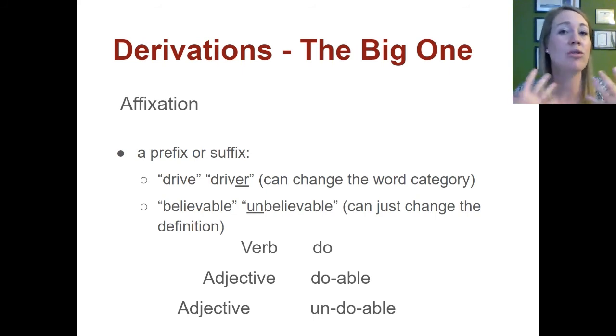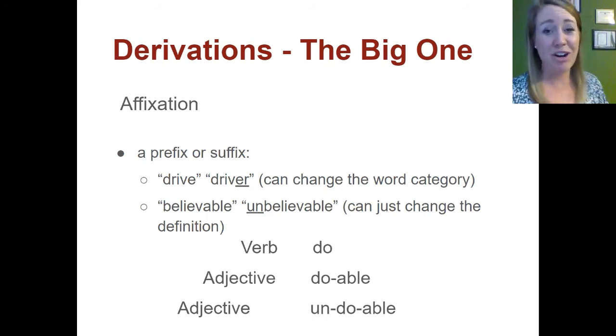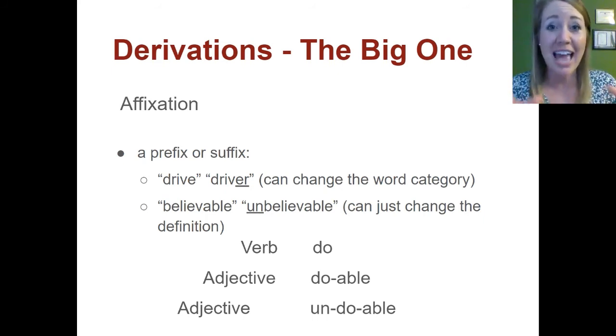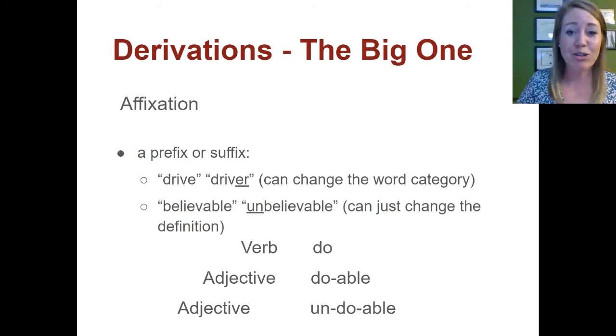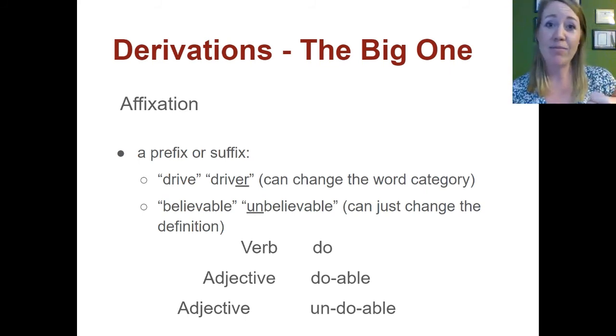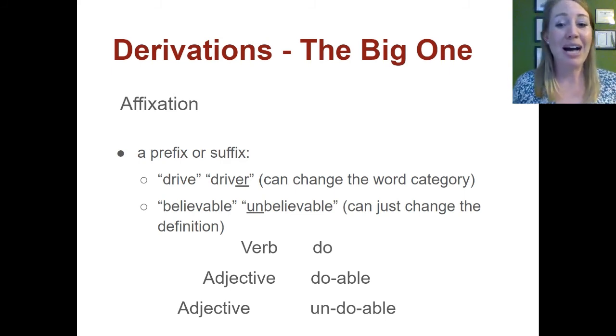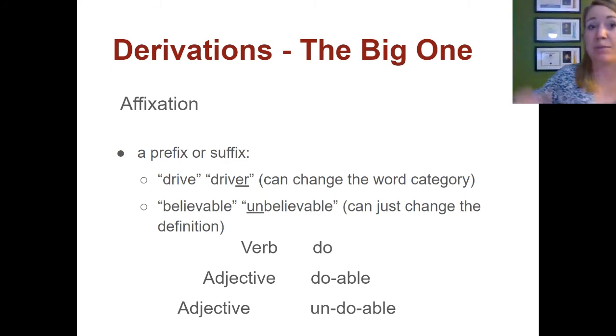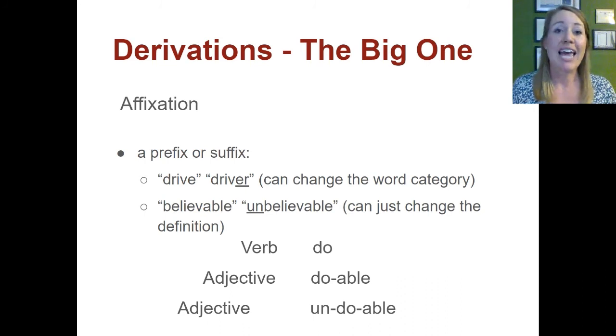One way we do this is through affixation. We add a prefix or suffix. If you don't know those terms right now, that's okay, because one of your upcoming lectures is specifically on affixation, and I'm going to explain all of it to you. It's essentially when we add something to the word. I'll give you two quick examples. We can say drive and we can say driver. Drive could be a verb: I'm driving somewhere. And the person who does the driving is the driver.